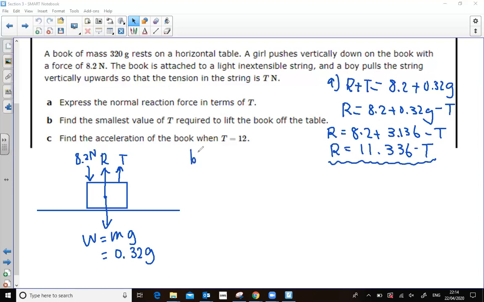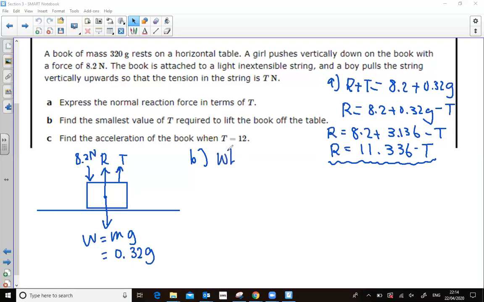Now let's look at part B. Find the smallest value of T required to lift the book off the table. So now, if the book is being lifted off the table, at that moment, there will be no normal reaction force. So that means R should equal 0.